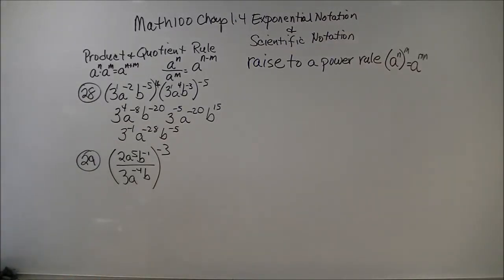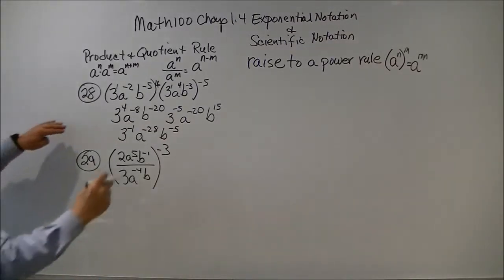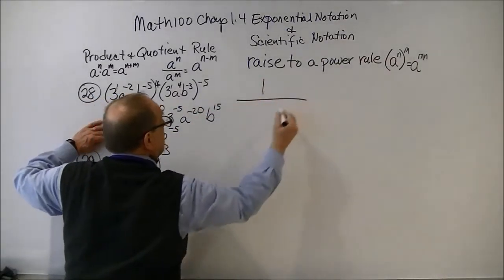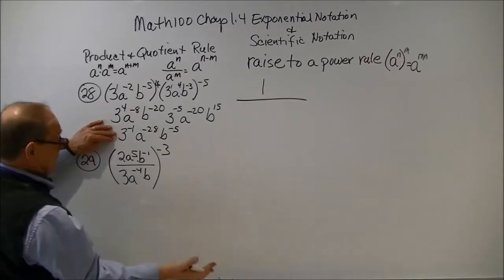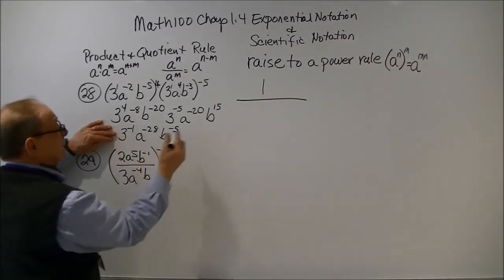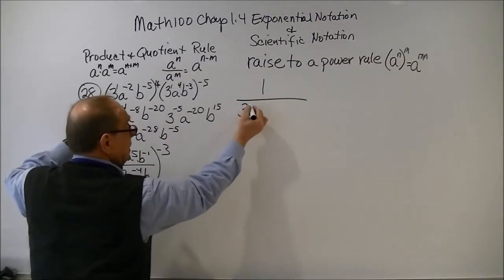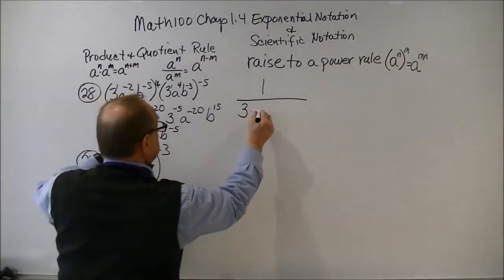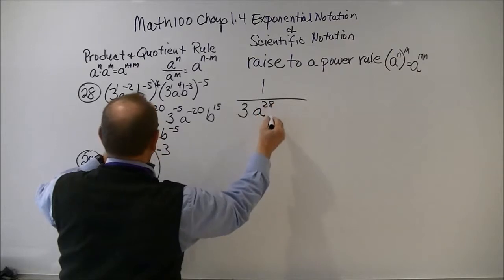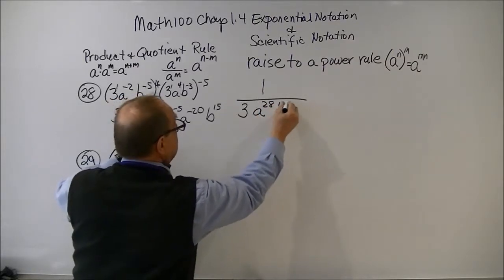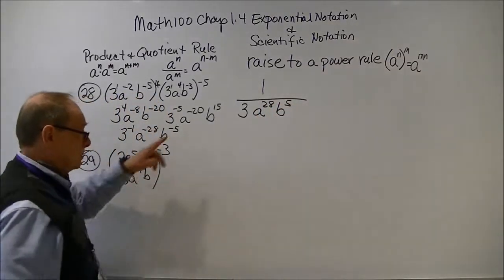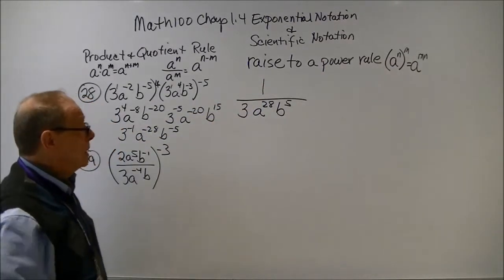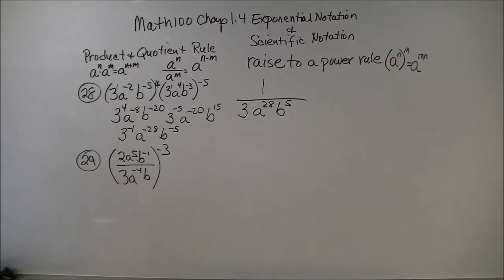Okay, so let me put it over here then. Remember there's going to be a 1 on top because everything else is going to go down. They're all negative, so this goes down as a 3 to the 1st. We don't write the 1. This becomes A to the 28th and B to the 5th. Now it's important that you have that 1 up there in the numerator occupying that spot.